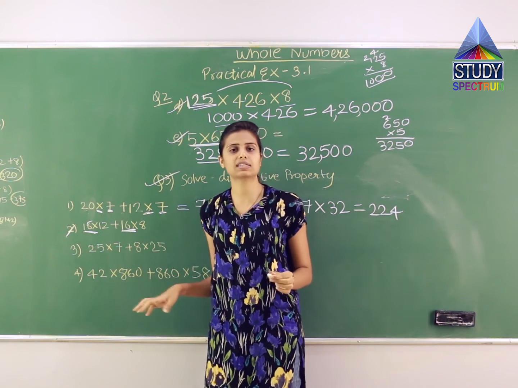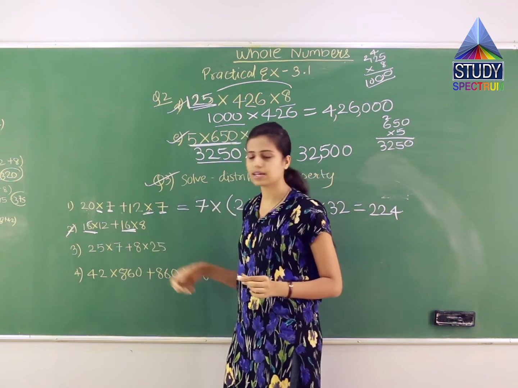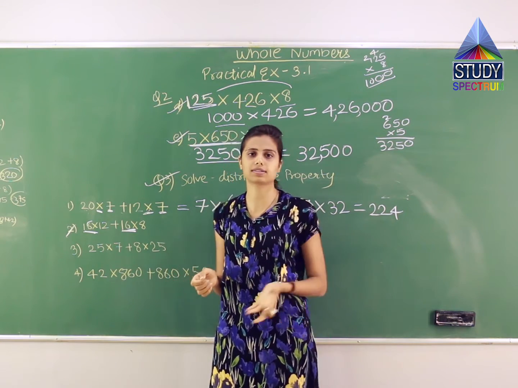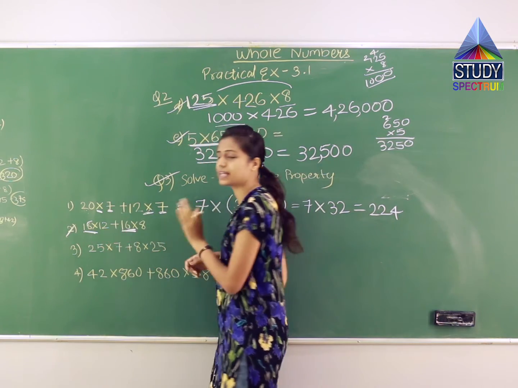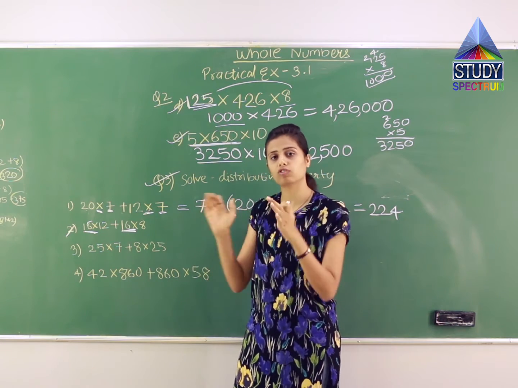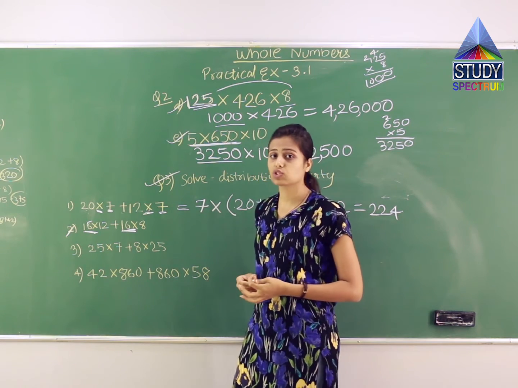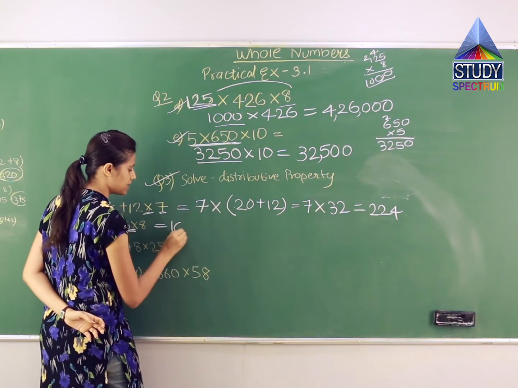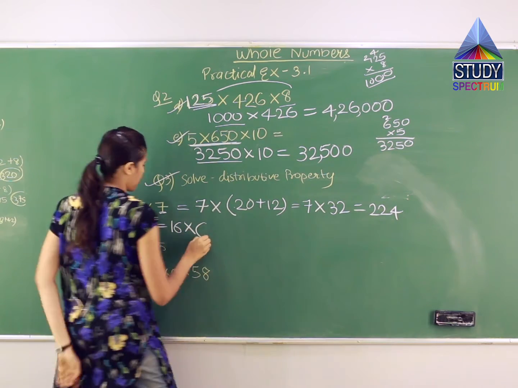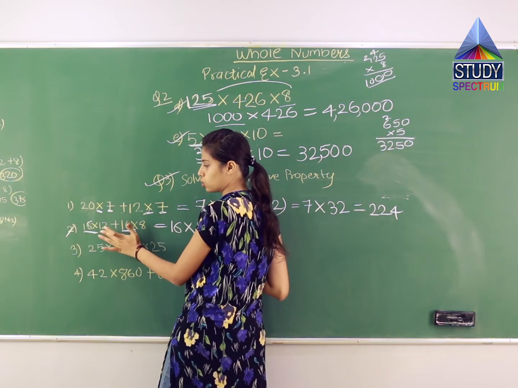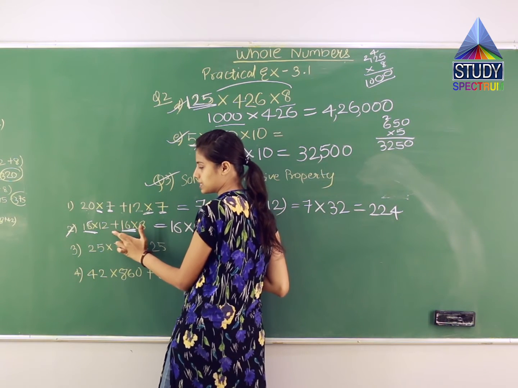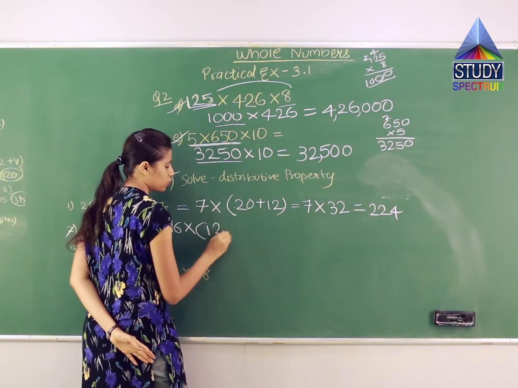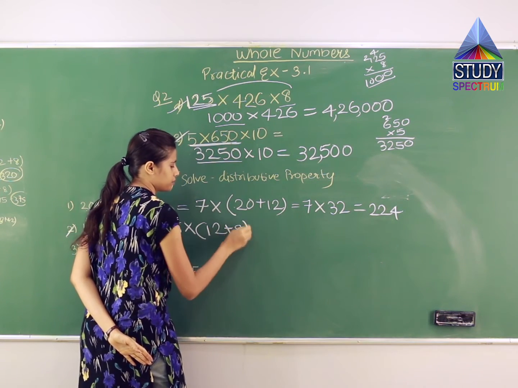The number 16 is repeating, meaning it is coming 2 times in the sentence. So the number 16 is repeating and a multiplication sign is repeating. So I will bring this outside the bracket. And what will be inside the bracket? The things which are not repeating. So I will write 16 multiplied by, outside the bracket, and which is not repeating, 12 is not repeating, plus is not repeating, and 8 is not repeating. So inside the bracket I will write 12 plus 8.